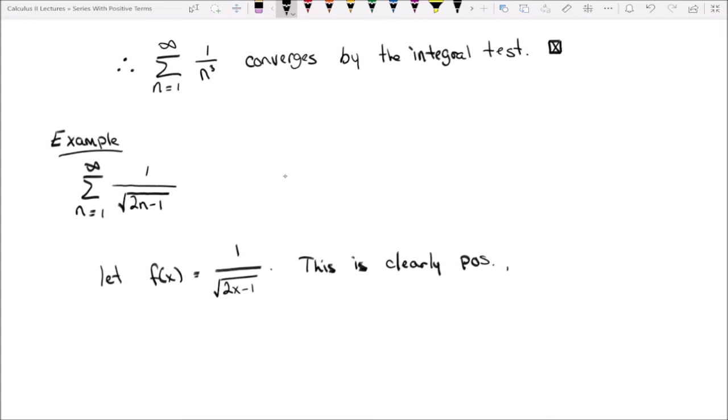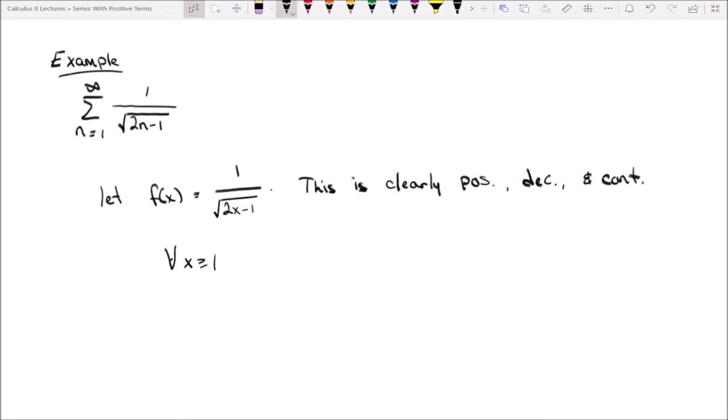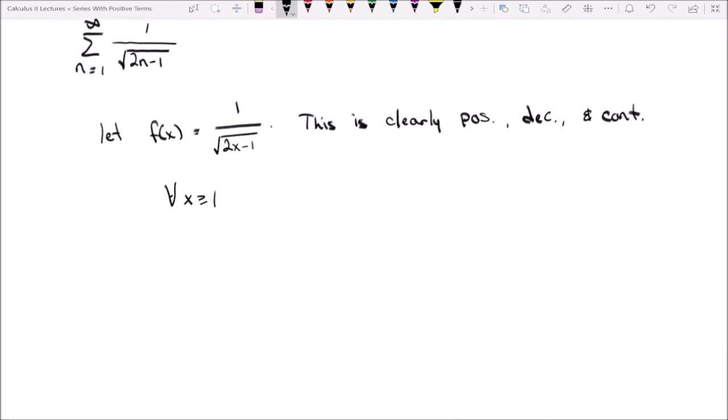Clearly decreasing. And clearly continuous, again, for all x greater than or equal to 1. Now let's take a look at the integral from 1 to infinity of 1 over the square root of 2x minus 1 dx.